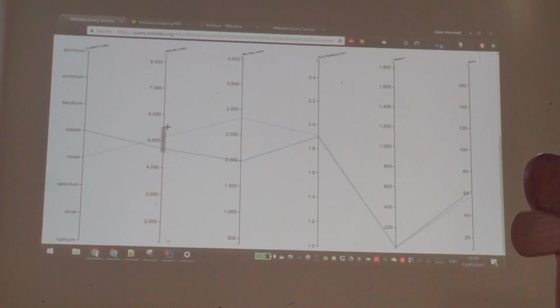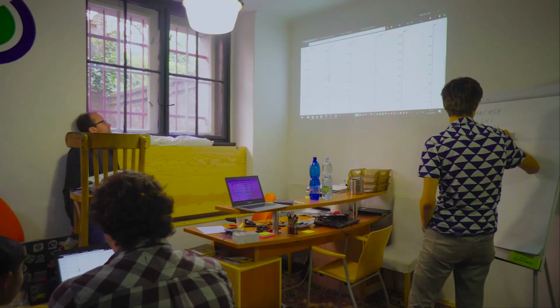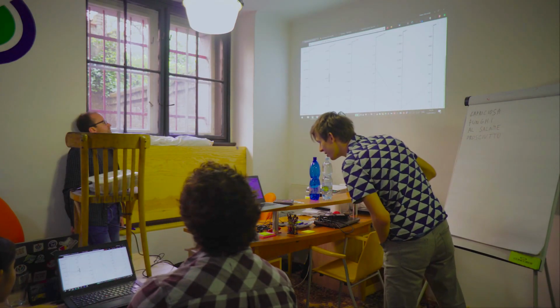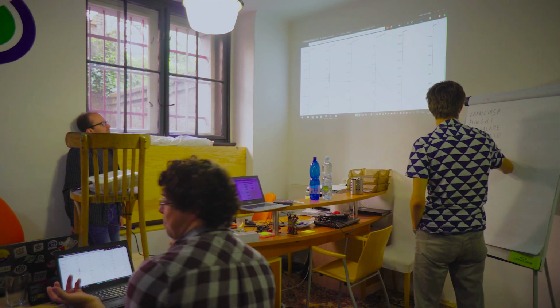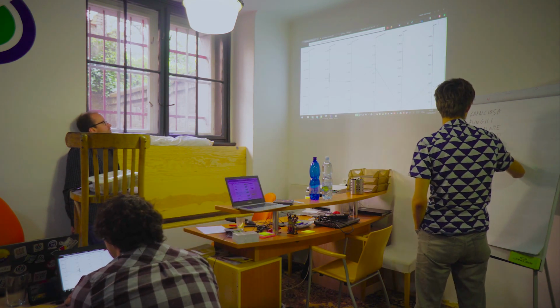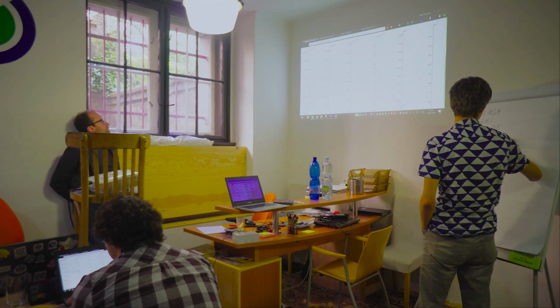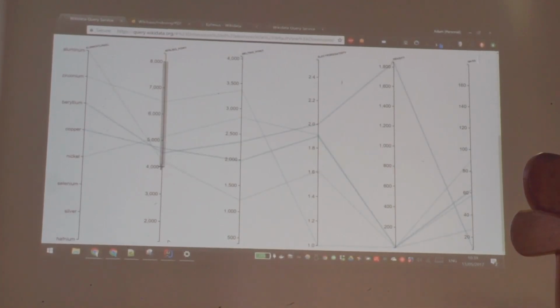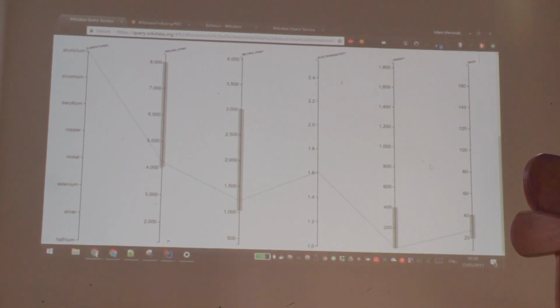What type of chart is this again? I don't know what it's technically called, but we call it a dimension chart. It means you can say, show me all elements that have a boiling point between 4,000 and 8,000, and a melting point between 1,000 and 3,000, that have a density that's pretty low and a mass between 20 and 40. Aha! It's aluminium. Wow. Would you look at that?